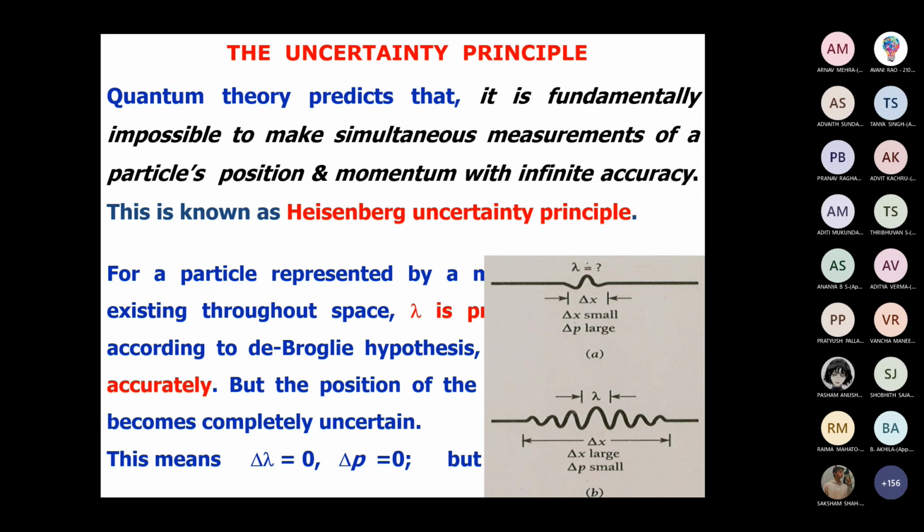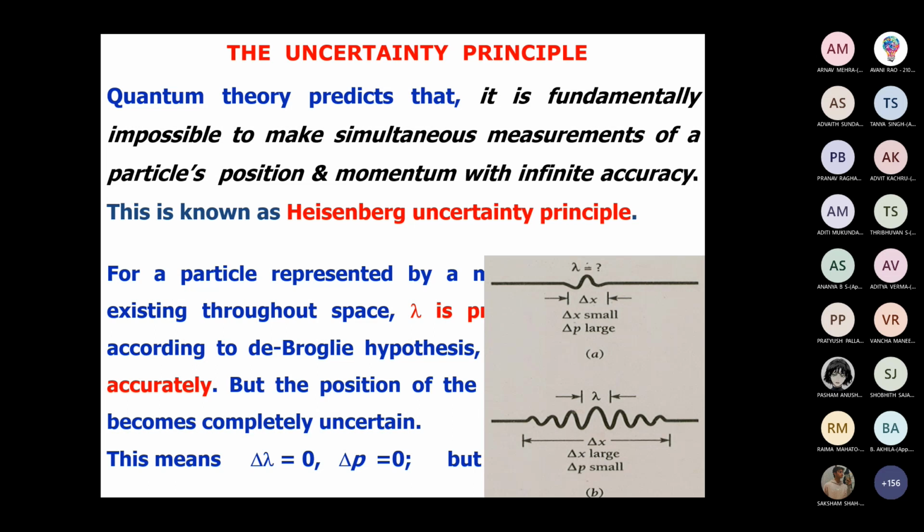When delta x is large, you will not be able to measure the position accurately, but you can measure the wavelength, so the momentum can be measured with greater accuracy, but the position is lost. Is it clear?